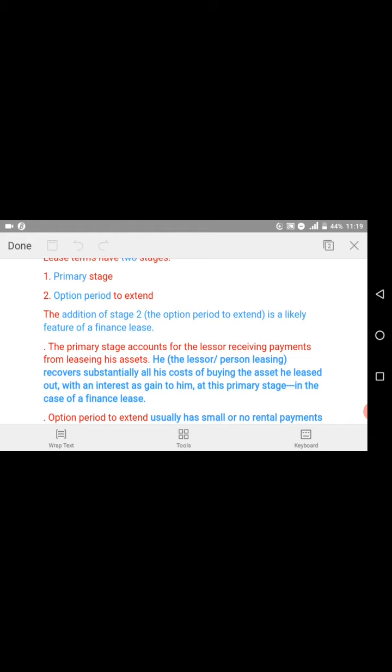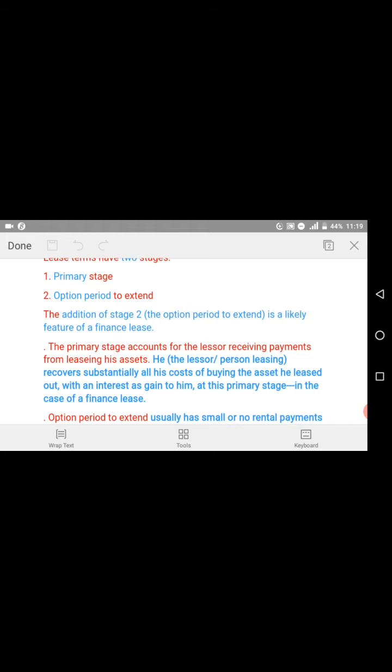So if the primary stage is 10 years and he bought the assets for say 1 million naira, he recovers 970,000 in the primary stage plus his interest.